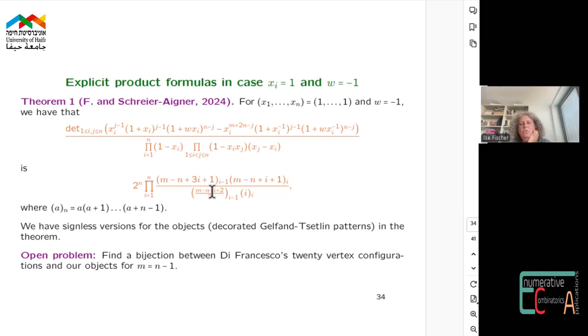But actually, we could also find a signless version, so we could cancel positive and negative objects and see what remains. And it is now an open problem to find a bijection between these 20 vertex configurations of Di Francesco for the special case m is equal to n-1. So that's an open problem, and that's another application of the bounded Littlewood identity.